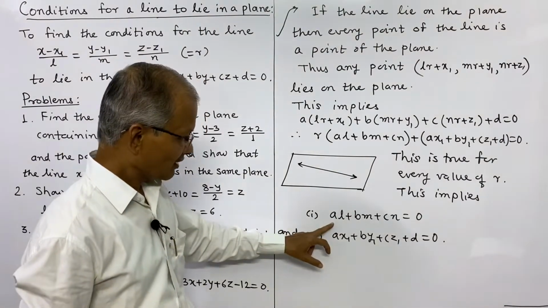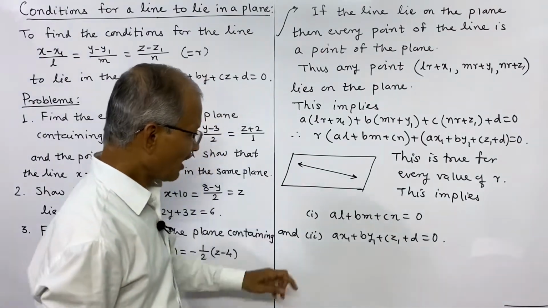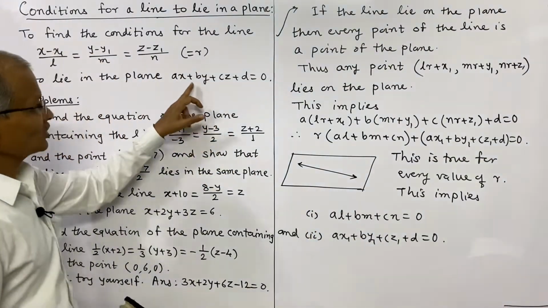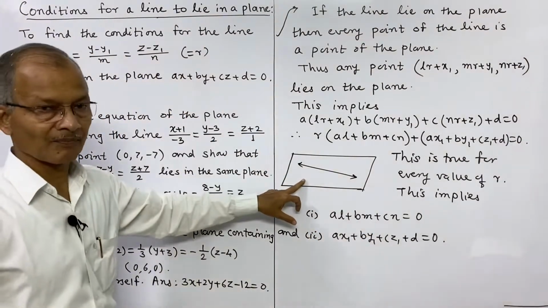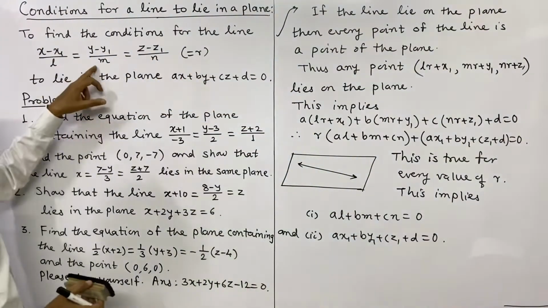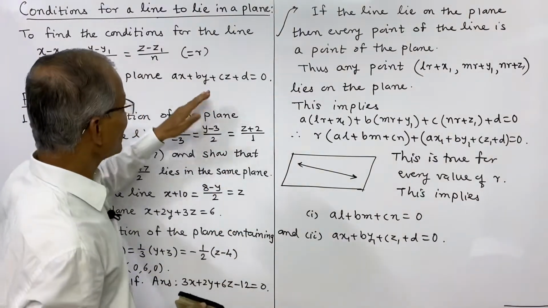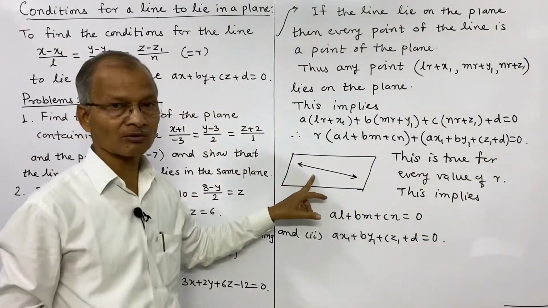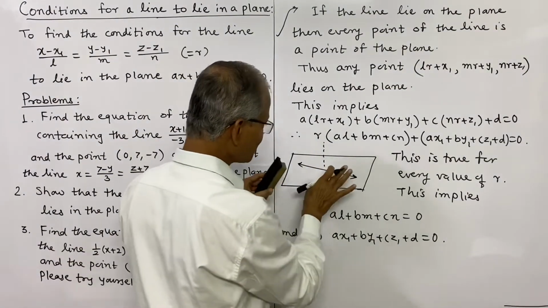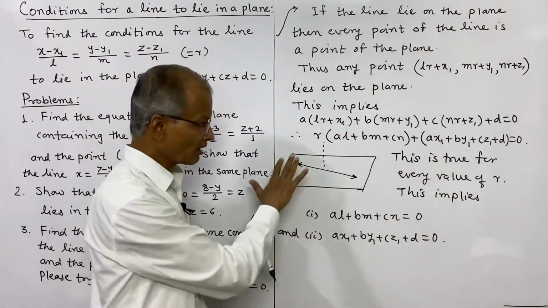Now what does the first condition say? The sum of products is equal to 0. What are A, B, C? A, B, C are the direction ratios of the normal to the plane. And l, m, n are the direction ratios of the line. That means the normal to the plane is perpendicular to the line. If the normal is perpendicular to the plane, it will be perpendicular to every line drawn in the plane.